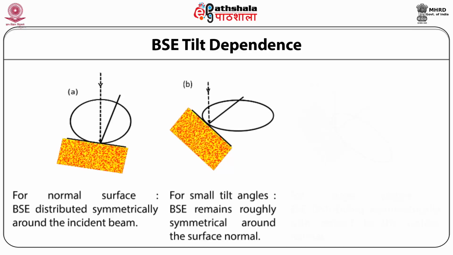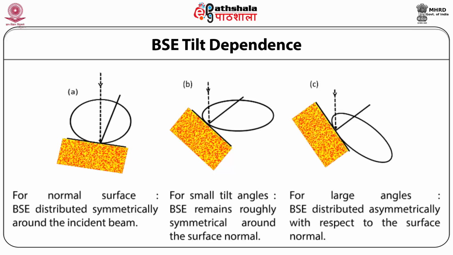For small tilt angles, the distribution of backscattered electrons remains roughly symmetrical around the surface normal, and for larger angles of surface tilt, the distribution becomes asymmetrical with respect to the surface normal, developing a distinct lobe caused by a predominance of forward scattering.